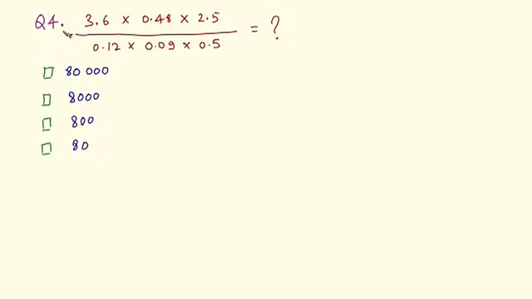Question 4. Well, this one's real simple. Let's solve it. So we have 3.6 into 0.48 into 2.5 divided by a lot of numbers. So we can split them. So we can write 3.6 by 0.12 into 0.48 upon 0.09 multiplied by 2.5 upon 0.5 is equal to 3.6.